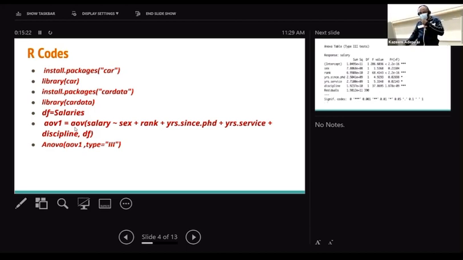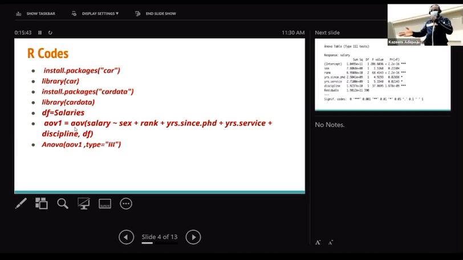I know that sex and rank are categorical, but the years since PhD and the years in service are not categorical, they are quantitative, but they are covariates, because we believe they could have an effect on salary.